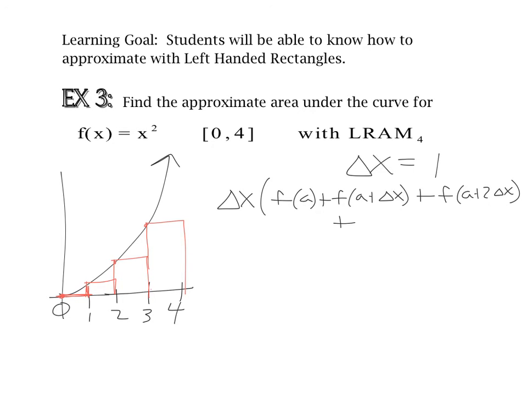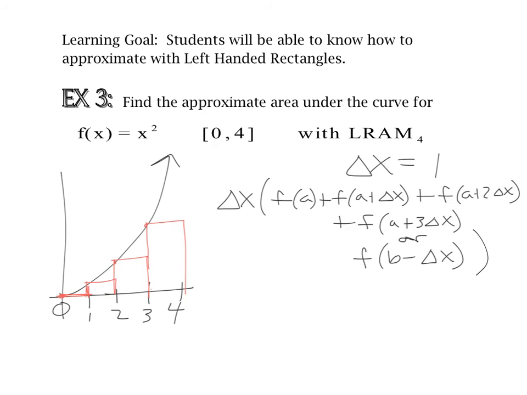And then finally, this last term is going to be f of a plus 3 delta x. Or this last term could be f of b minus 1 delta x, because we're saying it's the last one, 1 delta x away from our b value. These two are the exact same.